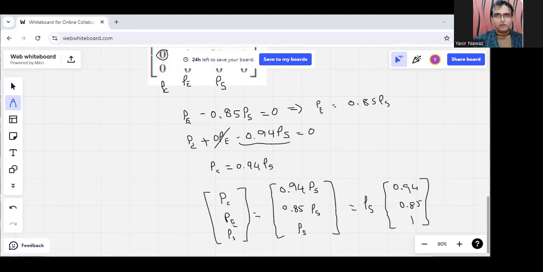Now I will bring the second example for applications of linear equations. In the second example, that's balancing of chemical equations. Suppose that there is a chemical equation.